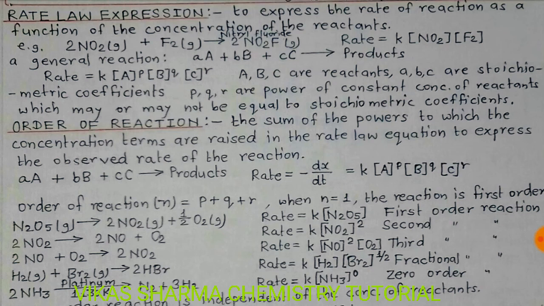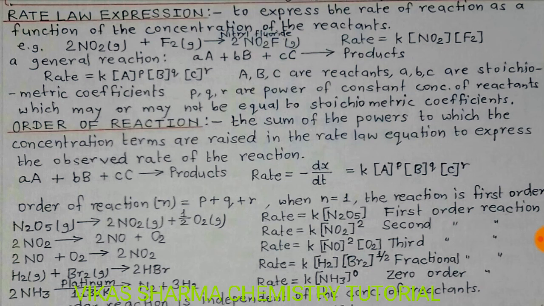Because N2O5 is 1 mole, the reaction is first order. In a second example, 2 moles of nitrogen dioxide give 2 moles of nitrogen monoxide and 1 mole of oxygen gas. Rate is equal to k[NO2] with power 2, because NO2 is 2 moles, so it is a second order reaction.